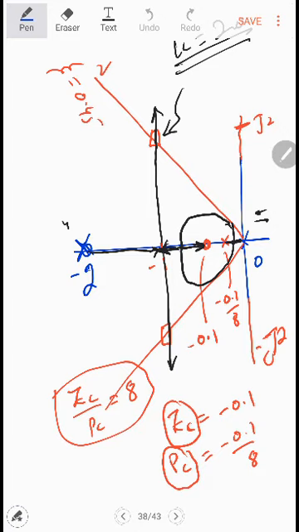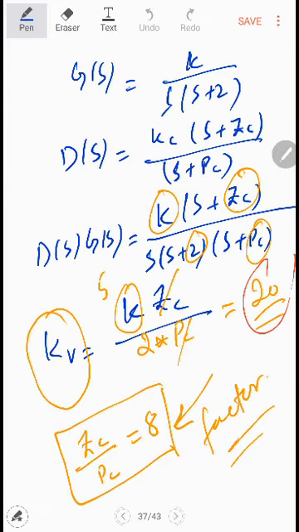You have to properly design the system. It's not that you design only for zeta equal to 0.5, or the settling time, or the given gain of the system. You have to properly design and look towards each parameter.